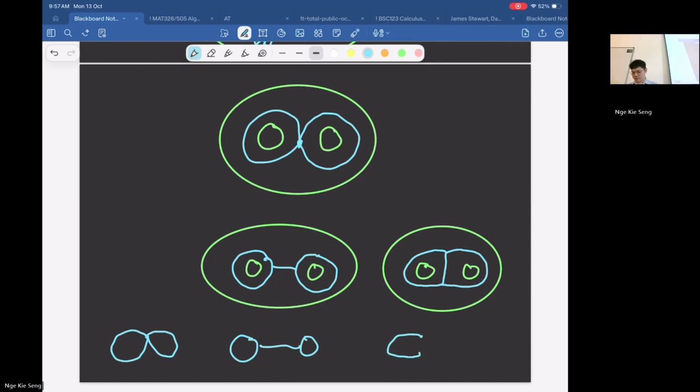You cannot find one of them as a subspace of another. This one doesn't have this straight line, and these two circles meet in a wedge at one point, but this one doesn't, so not a subspace of each other. So you can deformation retract to a subspace such that these subspaces are not deformation retracts of each other.